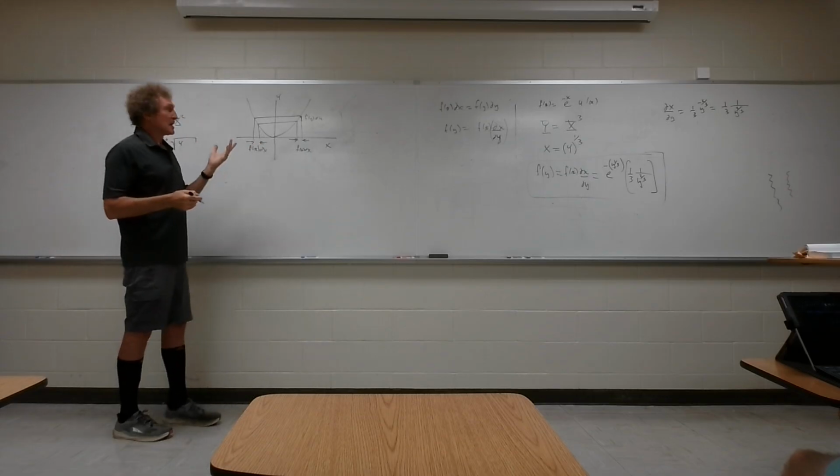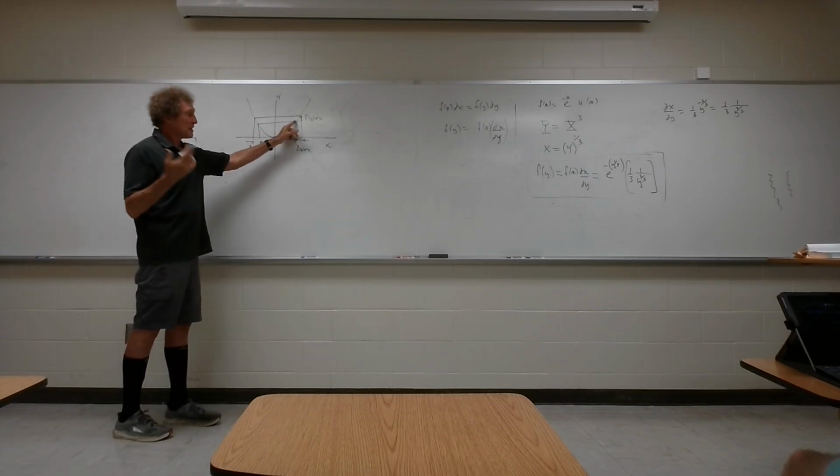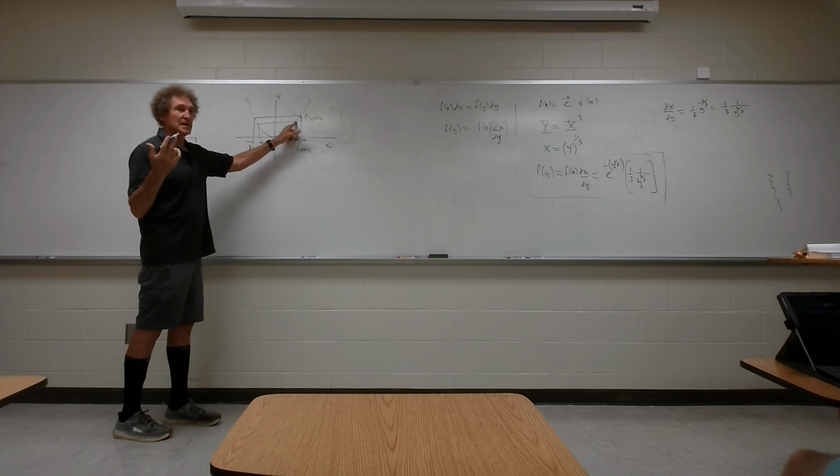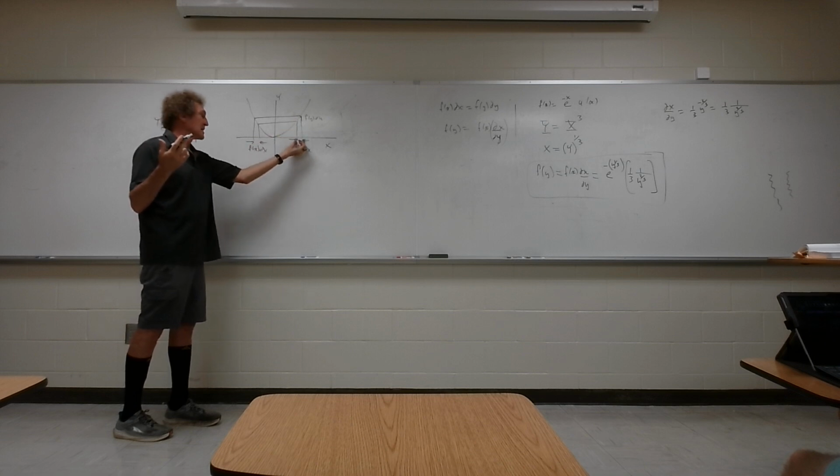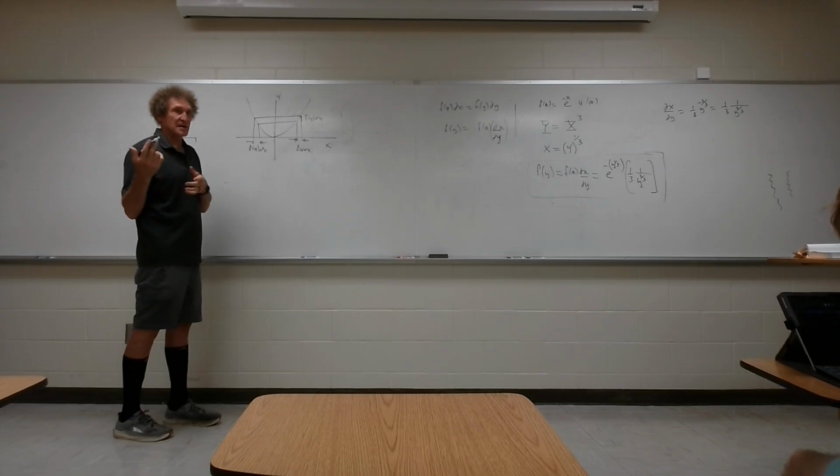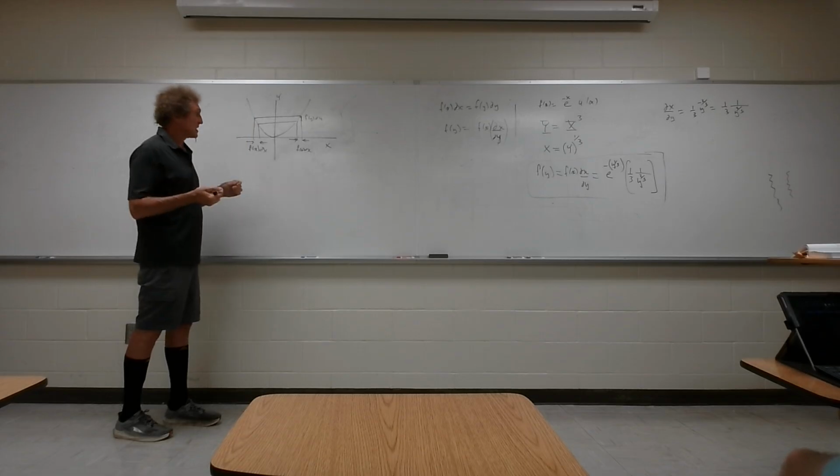In other words, the probability of y being in there is the same thing as the probability of x being here or here. I hope you see that. Does that make sense, everybody? Because it's not a monotonically changing function like that.